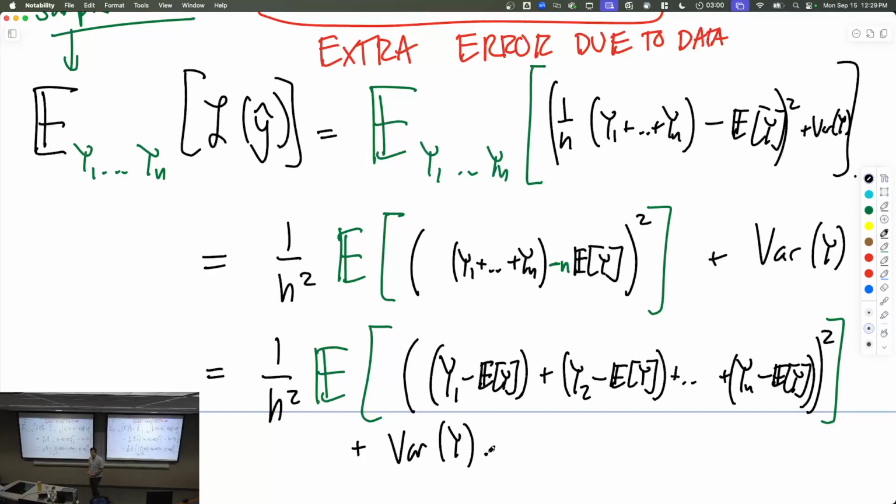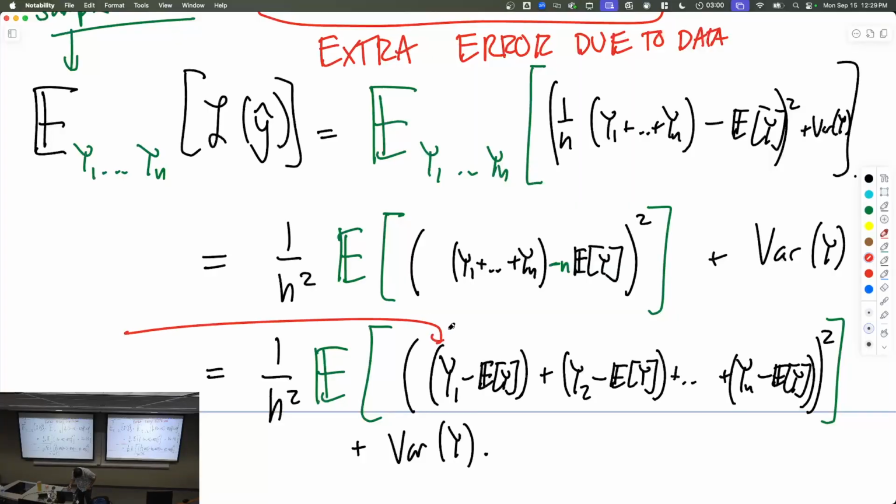That was perfectly good. And now we can use the Pythagorean theorem for random variables, because each of these things is now mean 0. What is the average of y1 minus its average? 0. What is the average of y2 minus its average? 0. So all of these things are mean 0. By independence of y1 and y2, they are uncorrelated. Actually, they are independent.